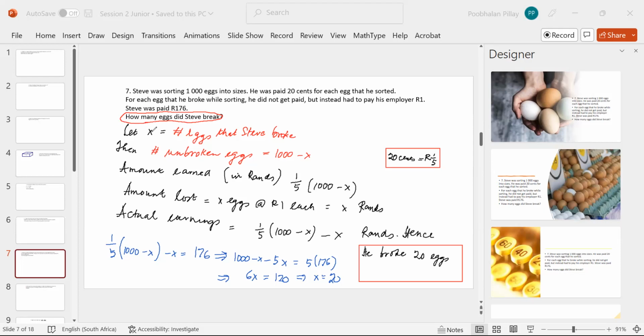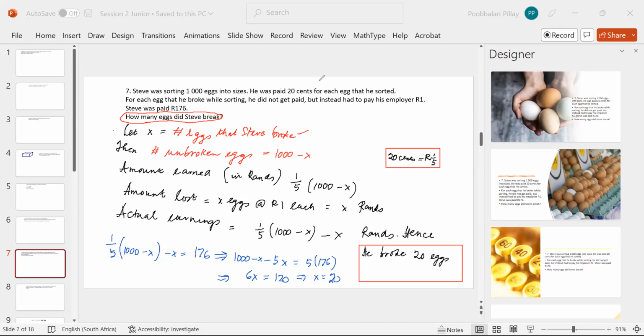Let X be equal to the number of eggs that Steve broke. Now he was sorting 1,000 eggs altogether. So if he broke X, then the ones that he did not break would be the remainder, which is 1,000 minus X. The number of unbroken eggs equals 1,000 minus X.